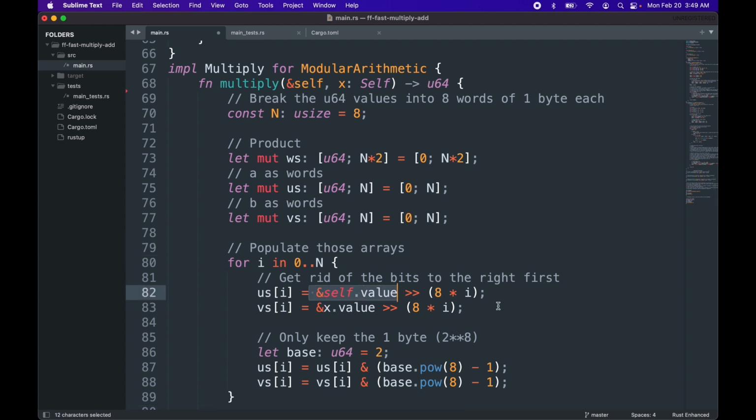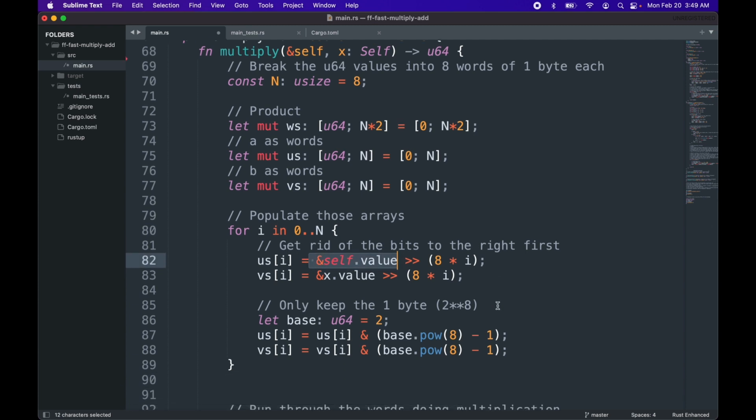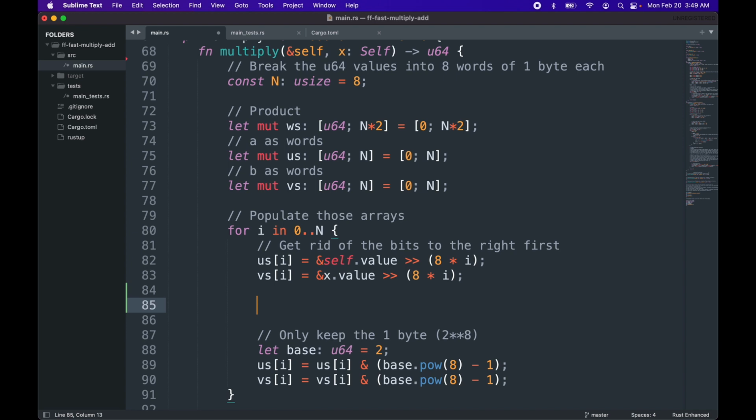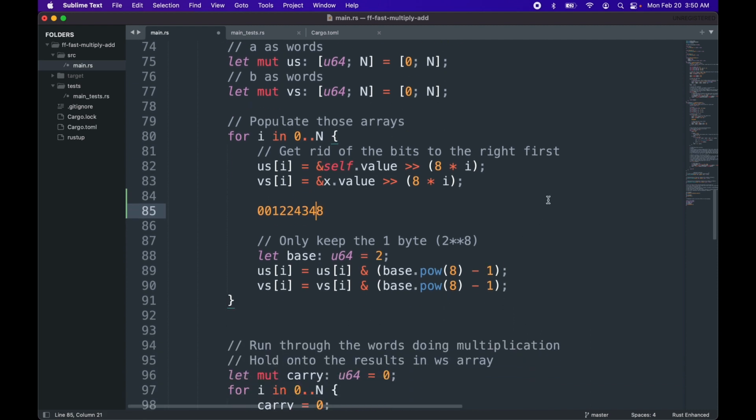And here we're right shifting to get rid of the right bits, because you have some number, and the first time you just want to get that part of it, right? And then the second time you want to get this part of it. So we first right shift, cutting off that, and then we are going to mask, which I think is the correct way to do this.